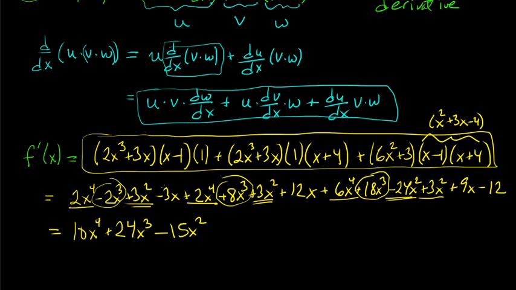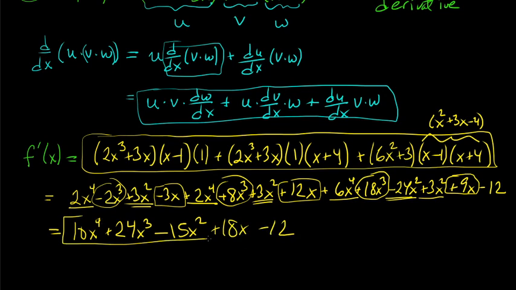Okay. And then the x terms, we have negative 3x plus 12x is 9x. And then 9x plus 9x is 18x. And then the only constant I think we have here is the negative 12 at the end. So there it is, right?